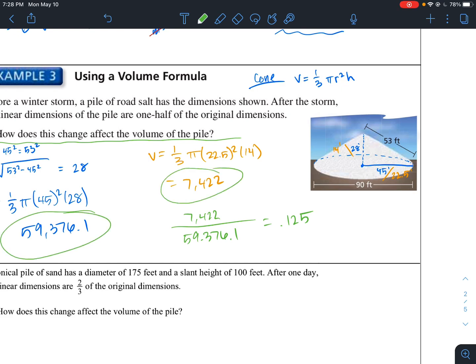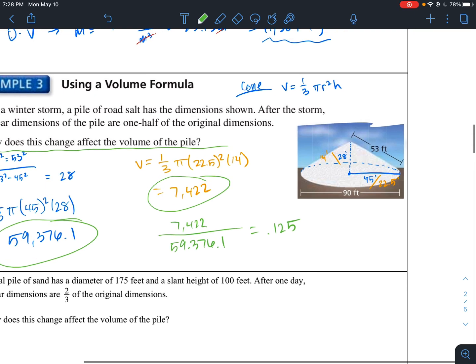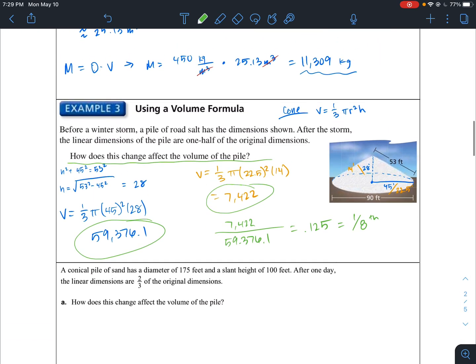When we find the ratio between the two, it's equal to 0.125, which is 1/8. So again, just because the dimensions are half doesn't mean that the volume is also going to be half of it. Okay, so that's what we're trying to illustrate here.